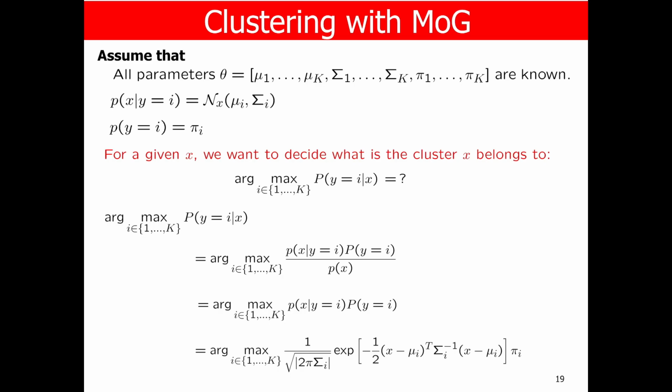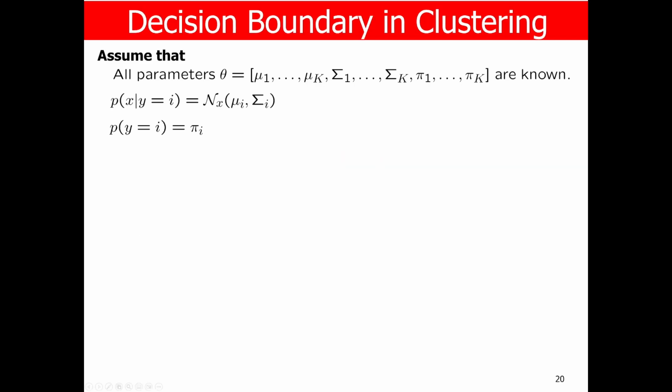Therefore, we just need to calculate this term for all i, where i is going from 1 to k, and then we need to choose the maximum value. So as you can see, clustering with the mixture of Gaussians model is very simple if we already know the parameters of this model.